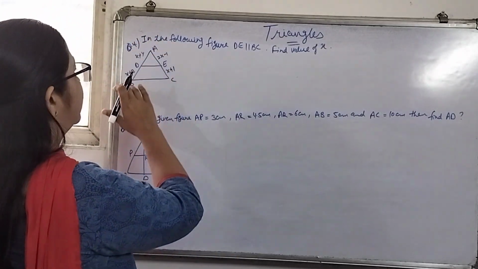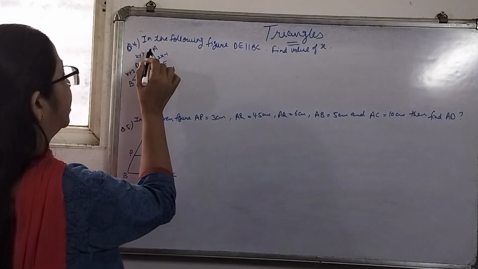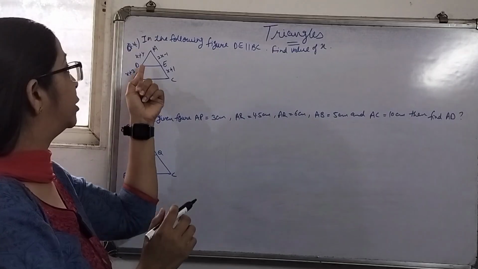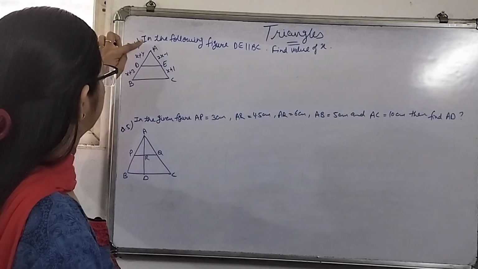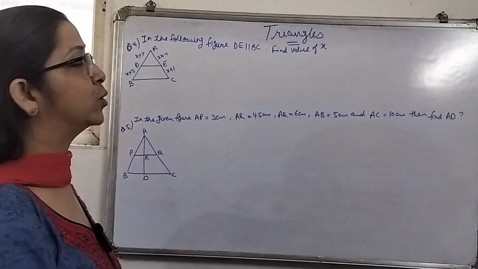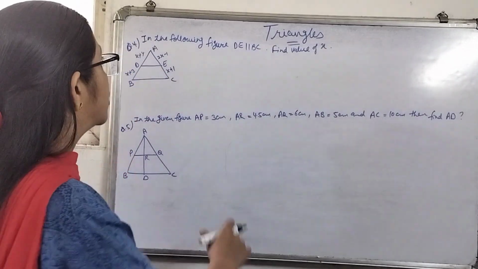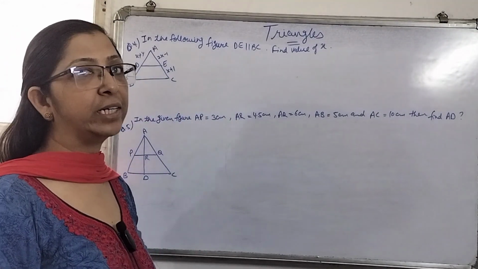We have learned through BPT that if in a triangle we draw a line which is parallel to one of the sides of the triangle, and it is intersecting the other two sides at distinct points, then it is dividing the other two sides in the same ratio. So by BPT, DE is parallel to BC, which is already given to us.